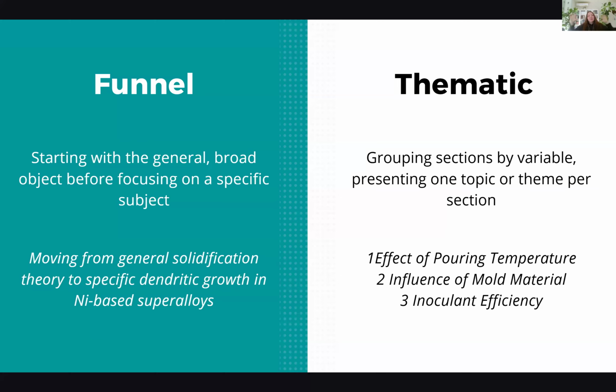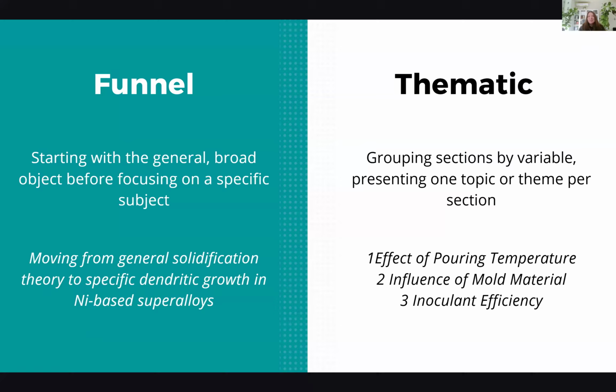So you start with your general object, and then you gradually focus your literature review on a specific subject, on a specific knowledge gap. So, for example, you can move from general solidification theory to specific dendritic growth in nickel-based superalloys. So you start big with general solidification and then gradually narrow it down. I will provide another example on the next slide. So just wait for it.